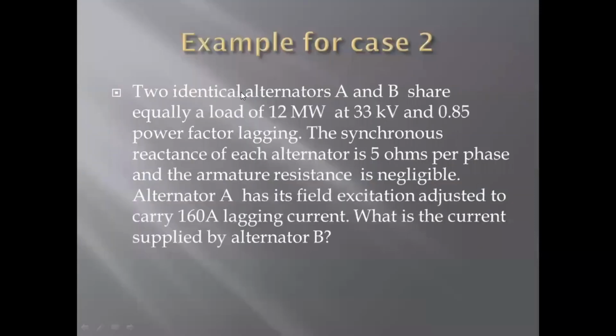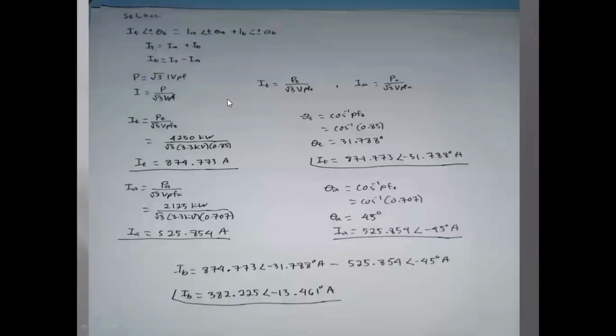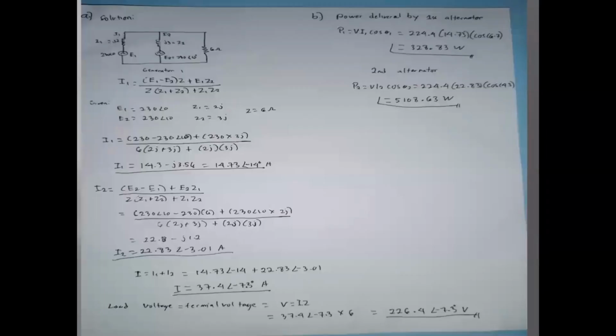Next is the total current, which is I1 plus I2. I1 is 14.73 angle negative 14 plus I2 is 22.83 angle negative 3.01, so we get the current 37.4 angle negative 7.3 ampere.